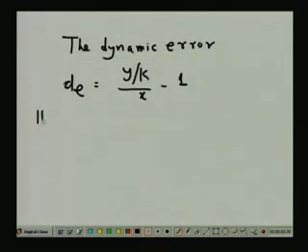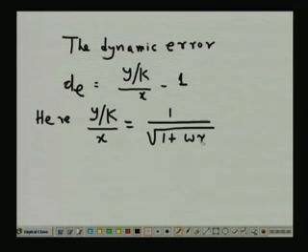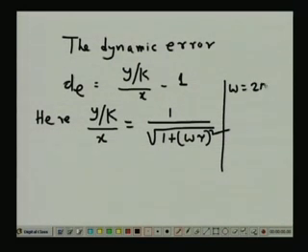Here y by k by x equal to 1 upon root over 1 plus omega tau whole square. Here omega is given, omega is 2 pi times 3 and tau is equal to 0.5.